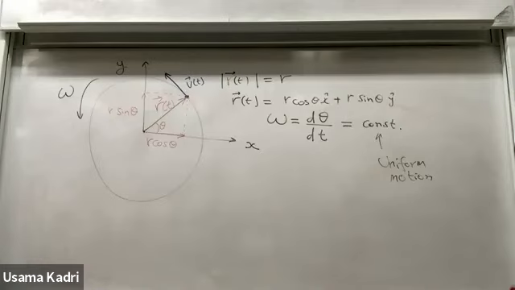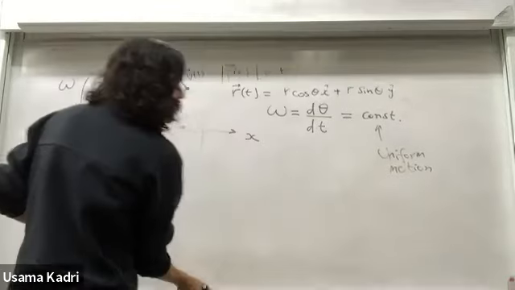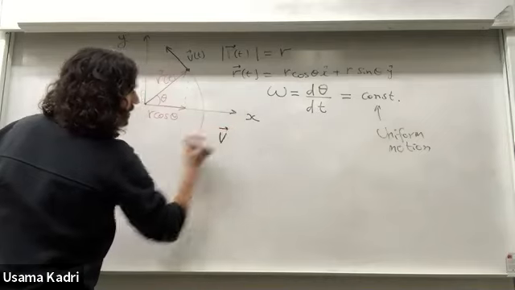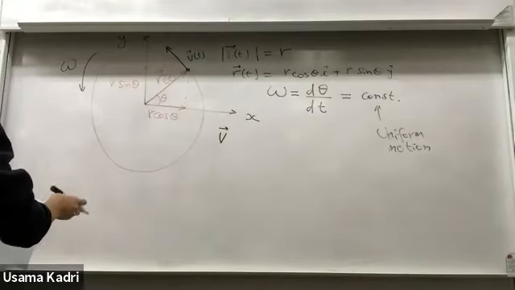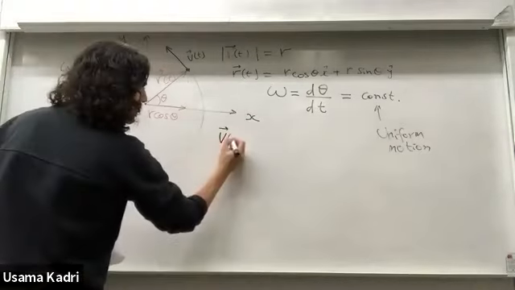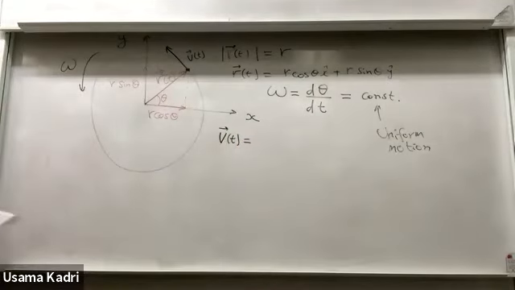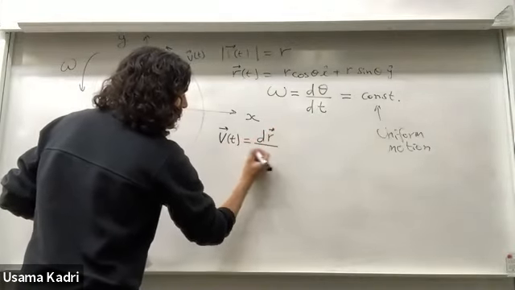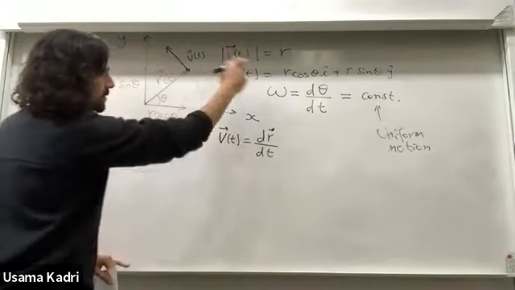So let's do this. I'll do it in steps now. So start with v of t. v of t is dr dt, the derivative of the position vector.